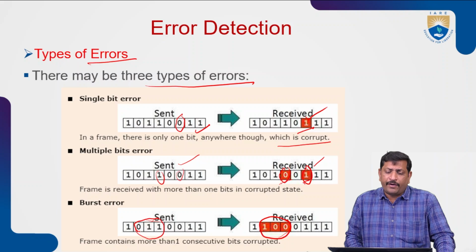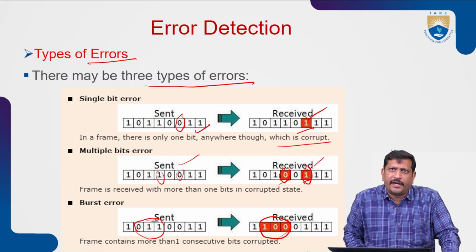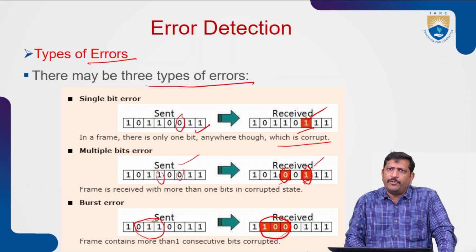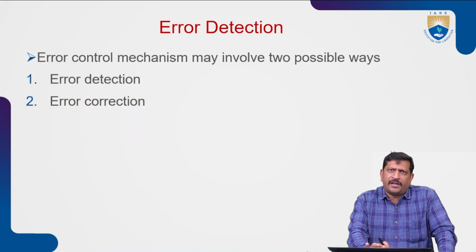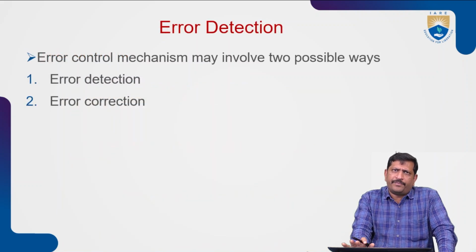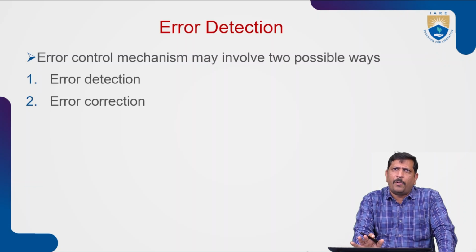So these are all the different types of errors that can be detected while communicating from one device to another device. Mainly, the error control mechanism involves two possible ways.